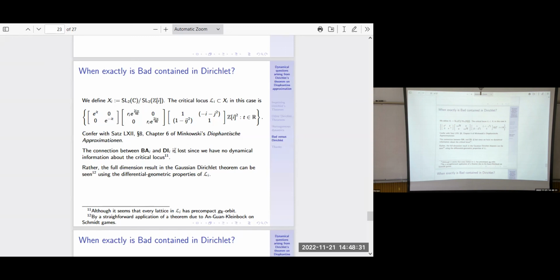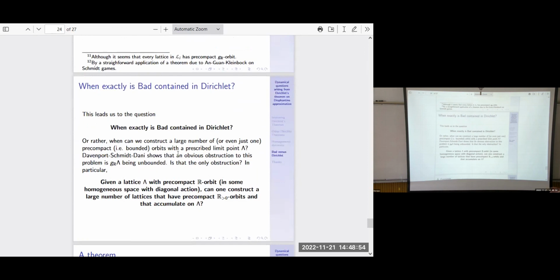The point I'm trying to make is that the connection between DA and DI is lost. You still have the same theorem, but you need to use a different kind of winning argument due to Arnguan and Kleinbach, which uses the differential geometry of how this thing sits in the space of lattices.